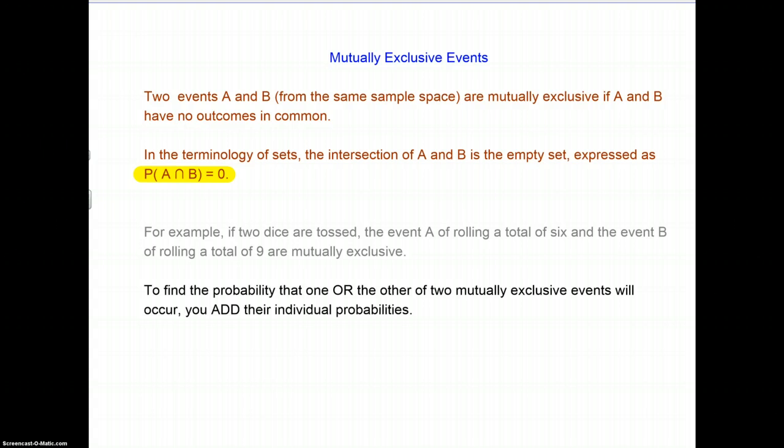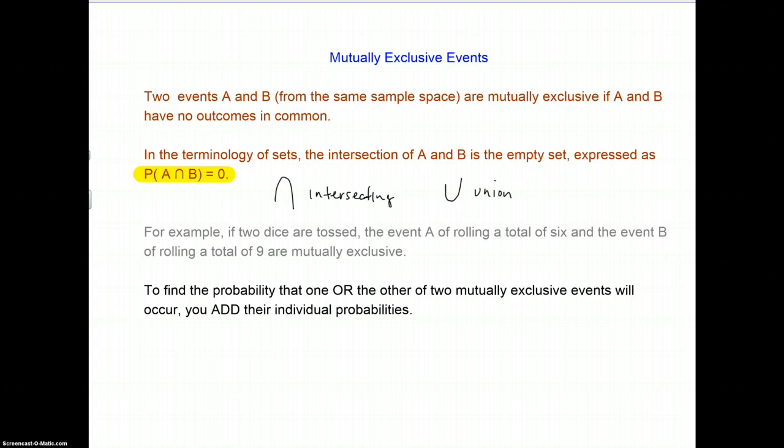It is zero. There's no probability. And just from a terminology perspective, the upside down U means intersect, and that means union. Okay, so intersection would be the overlap, union would be the sum, putting everything together.